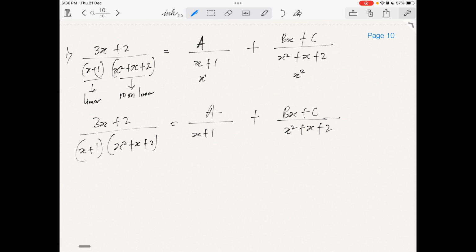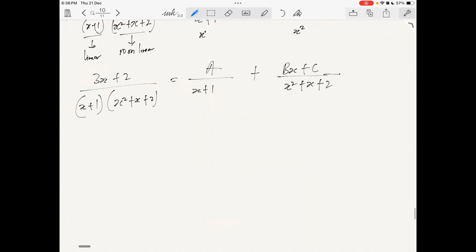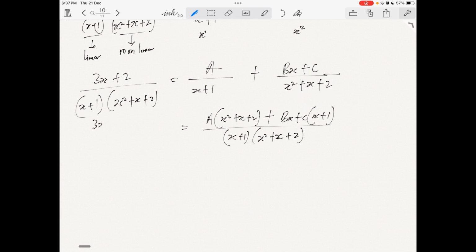Now, very fun. Let's establish this. As usual, we would find the LCM. Let's evaluate the LCM for the right hand side: x plus 1 and x squared plus x plus 2. In that case we'll have a into x squared plus x plus 2 plus bx plus c into x plus 1, over x plus 1 into x squared plus x plus 2, equal to 3x plus 2 over the same denominator.